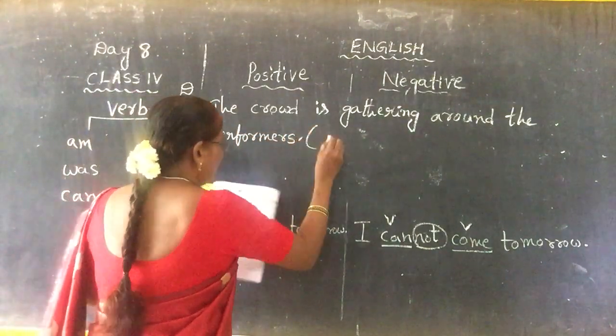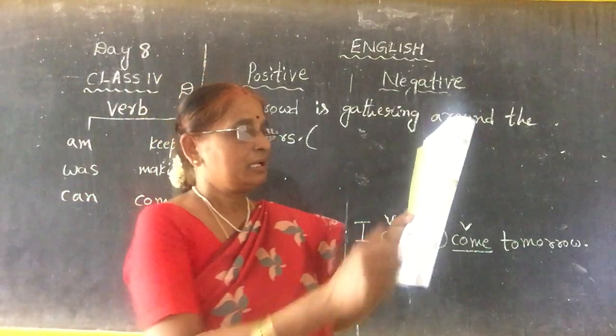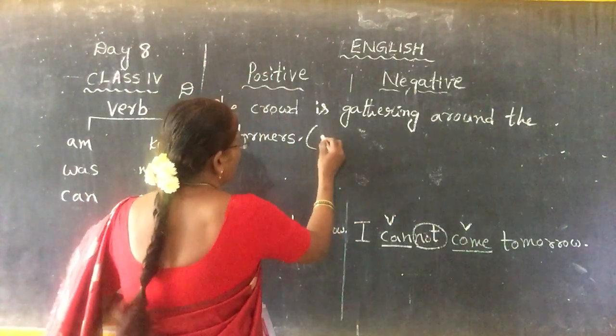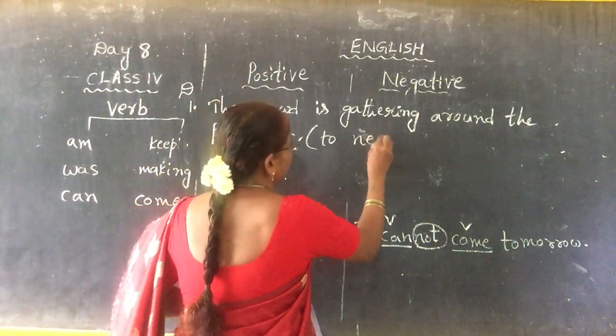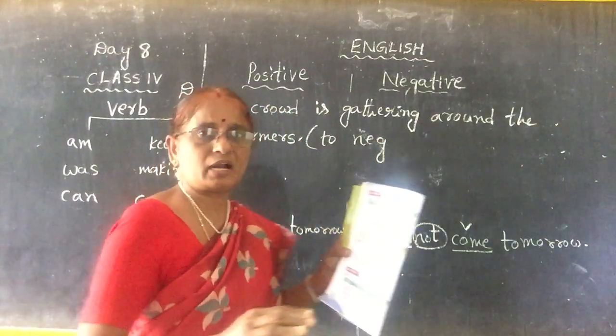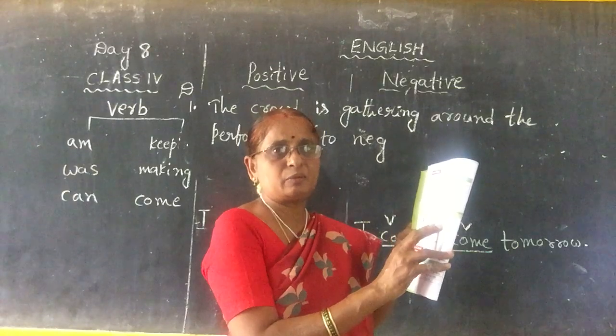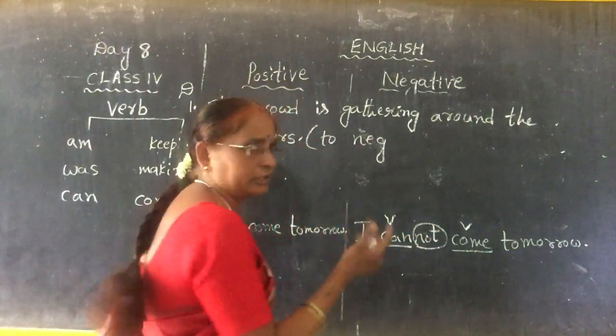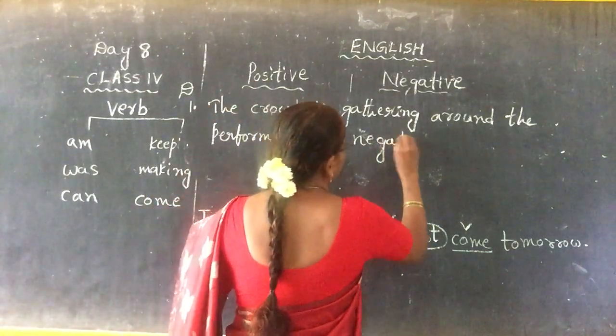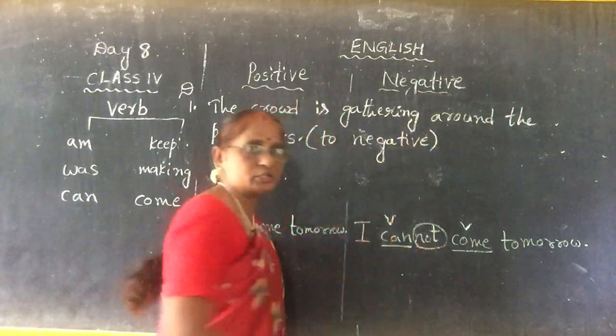Okay, what have they suggested? To negative. We have to change this sentence into negative. All these 1 to 5 are not negative sentences; they are positive sentences. According to the word given in the bracket, we have to change the sentence into negative or positive. But the first sentence we have to change into negative.